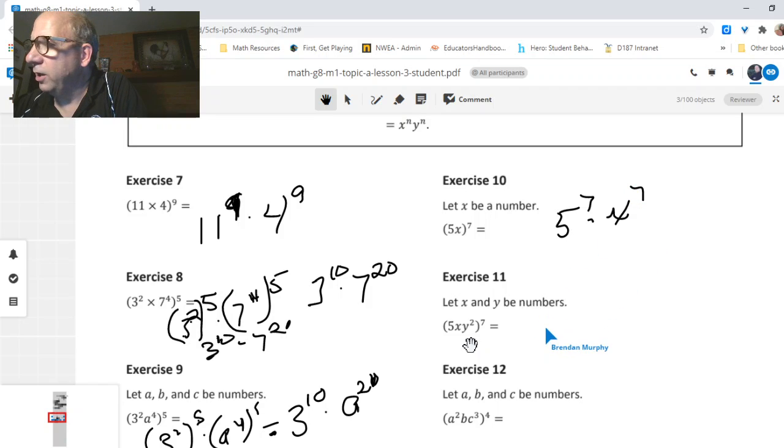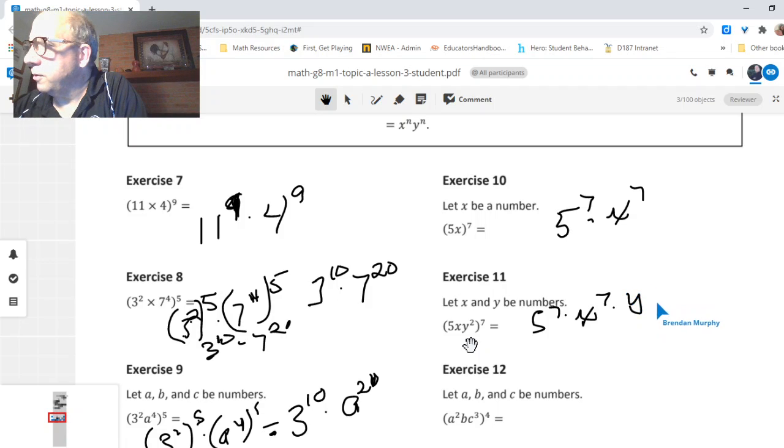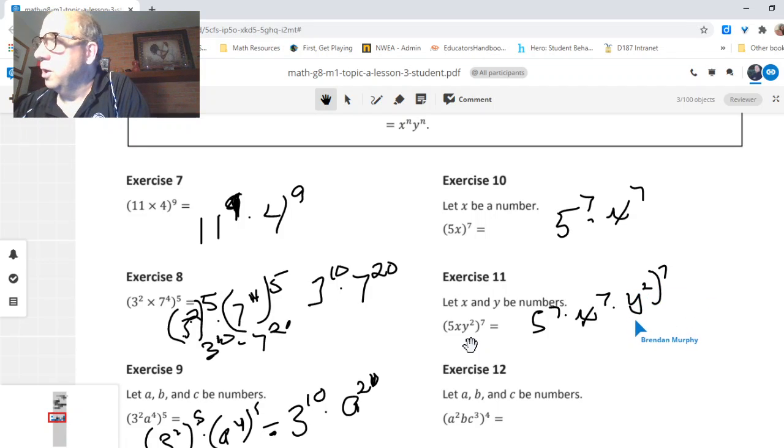I've got 5 to the 7th power times x to the 7th power times y squared to the 7th power. So y squared, 7 groups of that would be y to the 14th. So I have 5 to the 7th, x to the 7th, y to the 14th.